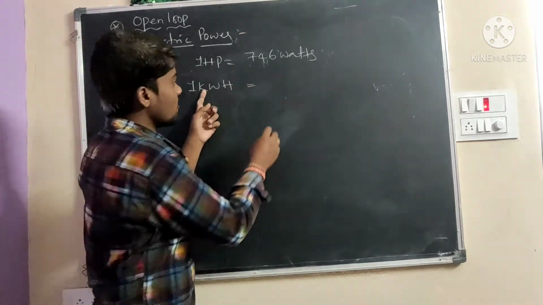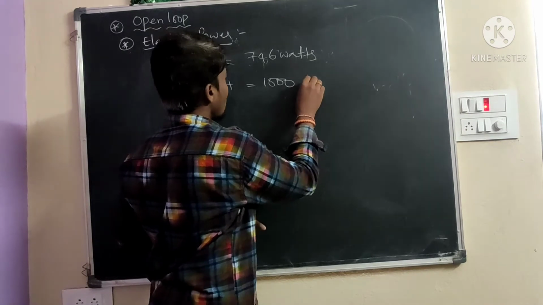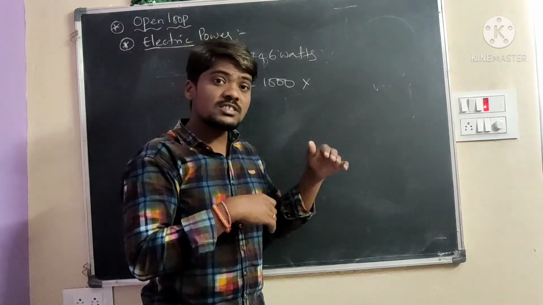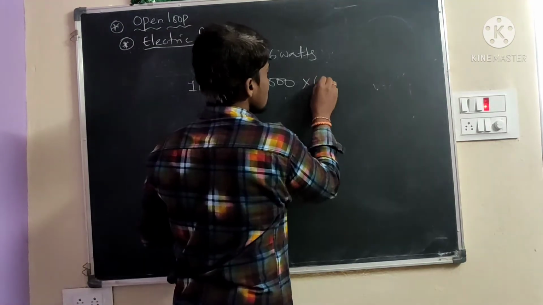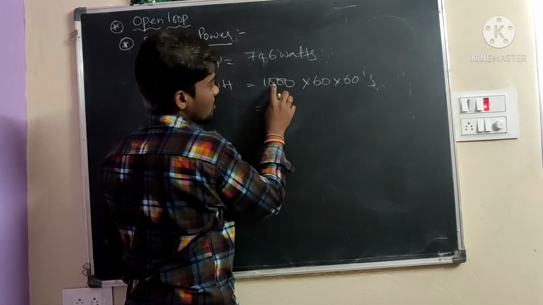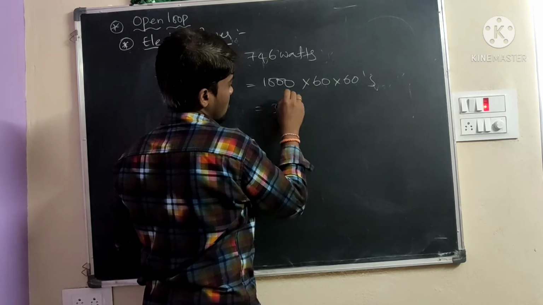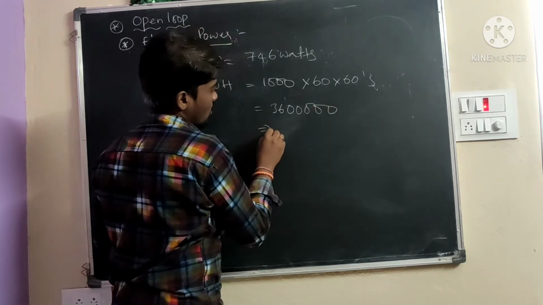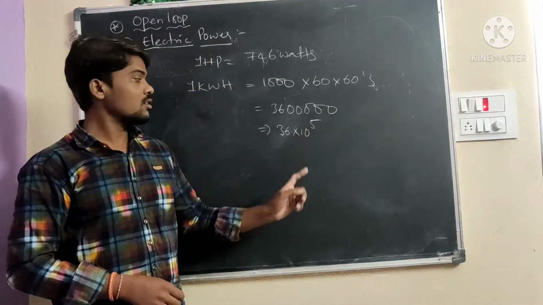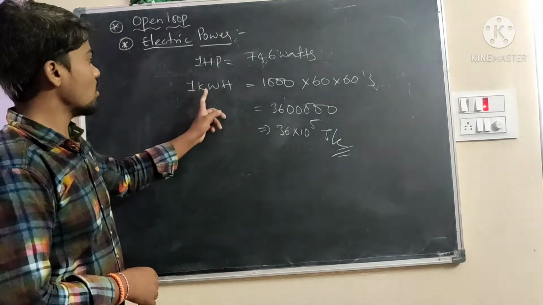Kilo means 1000. 1 kilowatt is equal to 1000 watts into hour. 1 hour is equal to how many seconds? 1 hour is 60 minutes, and 1 minute is 60 seconds. 60 into 60 seconds is 3600, which is 36 into 10 power 2. This is the 1 kilowatt hour.